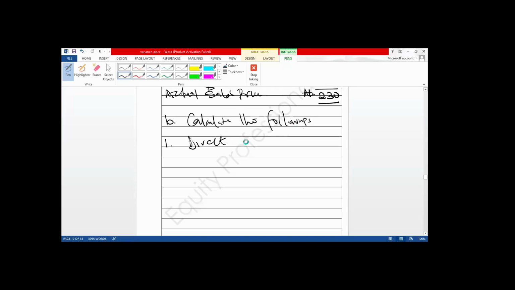Direct material variances. Take it into 2. I have A, direct material price variance.